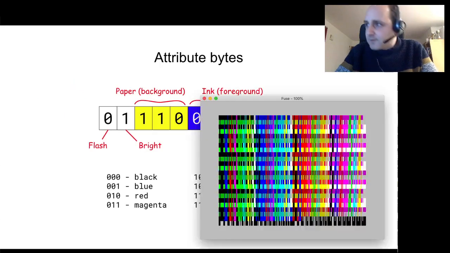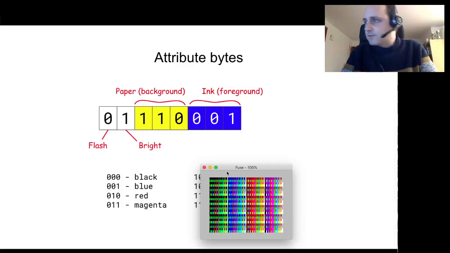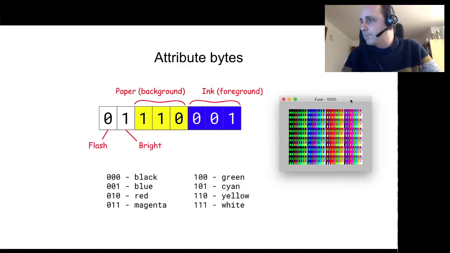So let's get that up. Let's make that a bit smaller so that we can see everything at once. So the bottom 3 bits of each square is the foreground colour, known as the ink. So you can see that incrementing from black to white as we go there.